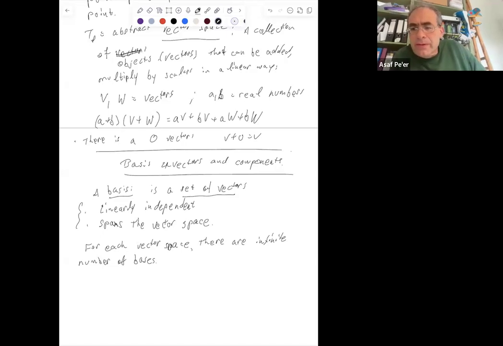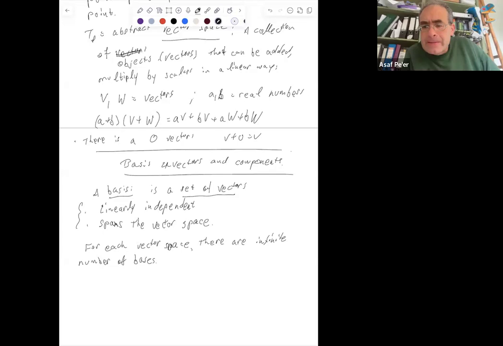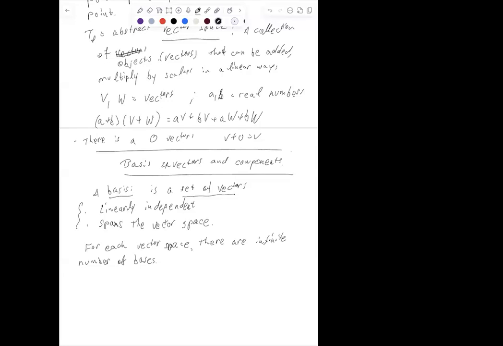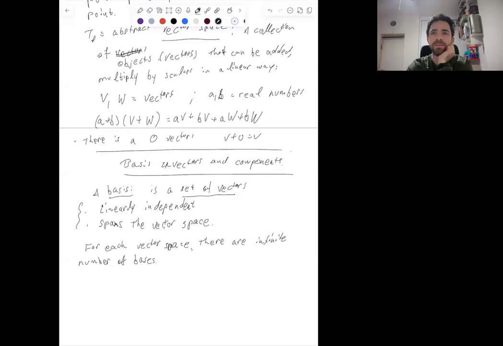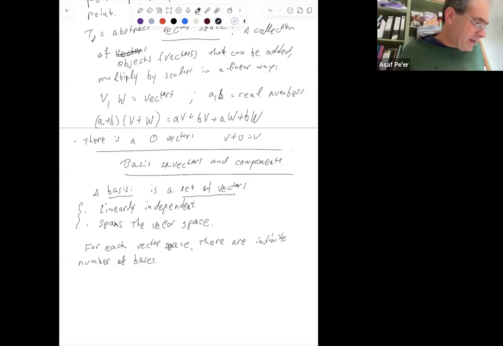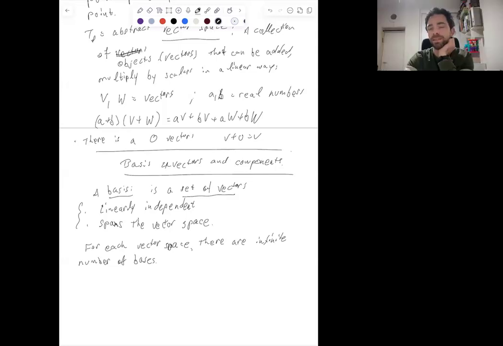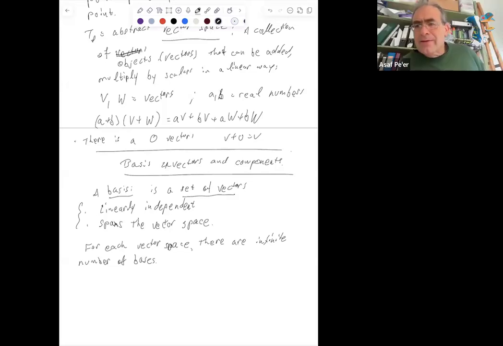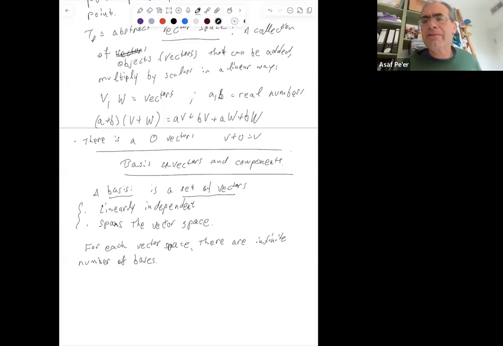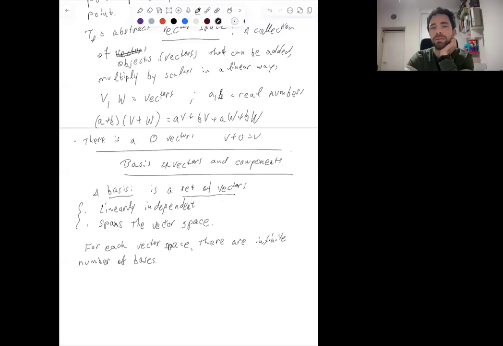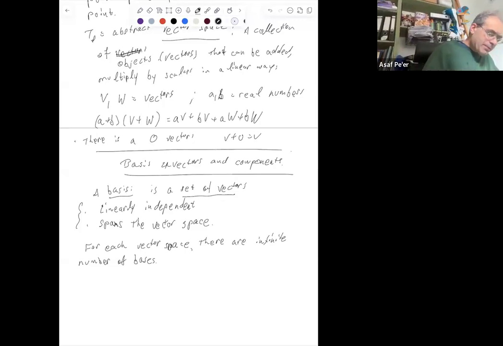Well, they all span the vector space, right? What do you mean by describe? Well, what I mean is something different. How many vectors are there in each of the bases? At least D, if D is the dimension of the space. At least, exactly. You cannot have more than D because then they become linearly dependent. So you have exactly D. So all of them have the same number of vectors.